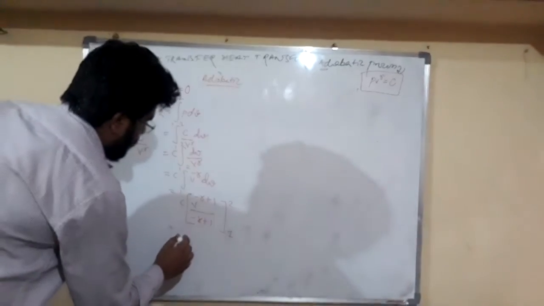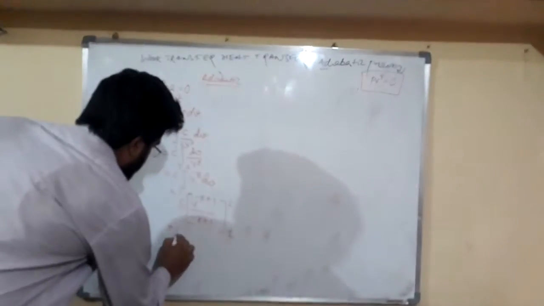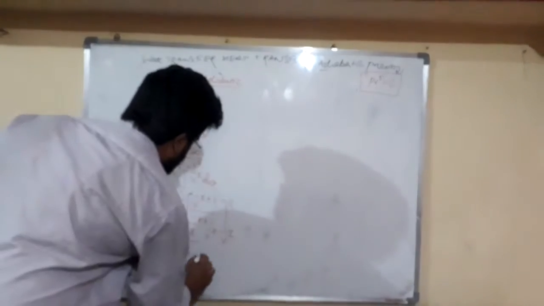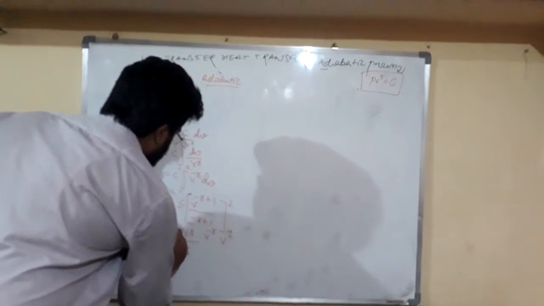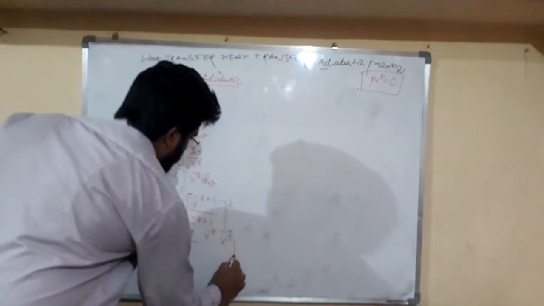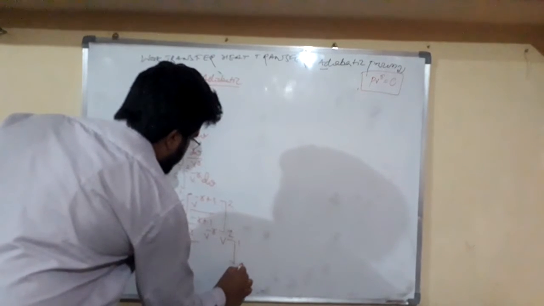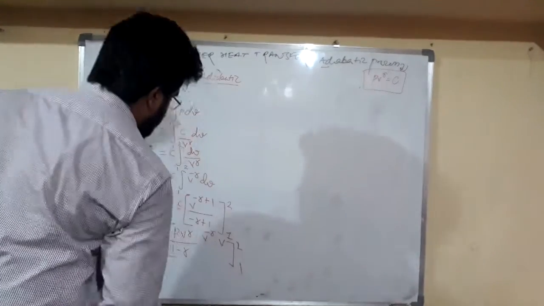Now friends, C is equal to PV^gamma, and this is 1 minus gamma, and in the bracket we can write it as V^(-gamma) into V, and the limit already exists from 1 to 2.